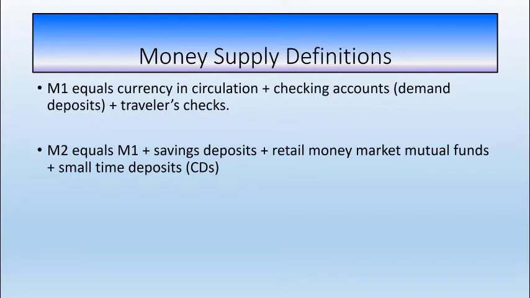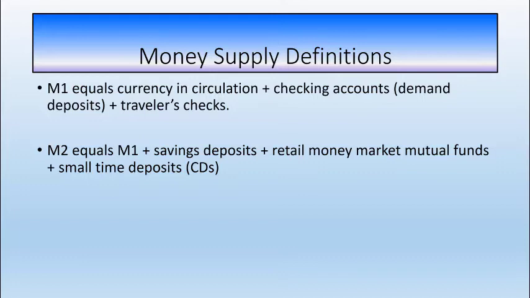Then there are also retail money market funds. That's not part of the banking system per se. We'll talk about those in a little bit, because those are the shadow banking system. They were probably some of the first shadow banks that existed in this country, and they started out in the early 70s for the most part. And I'll talk about those when I get into various balance sheets in a few minutes.